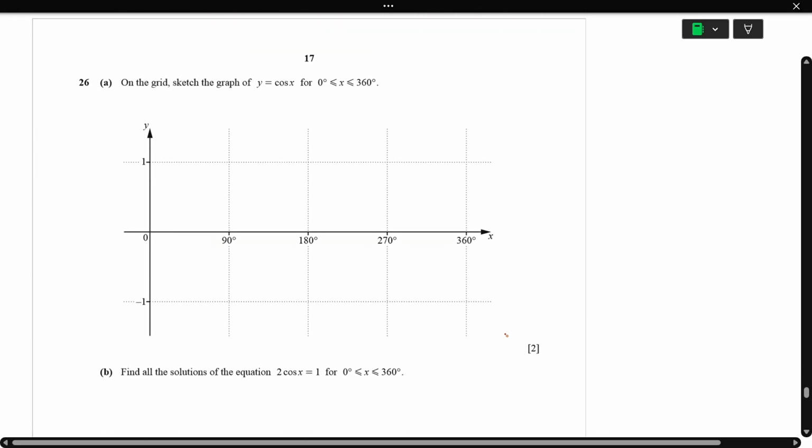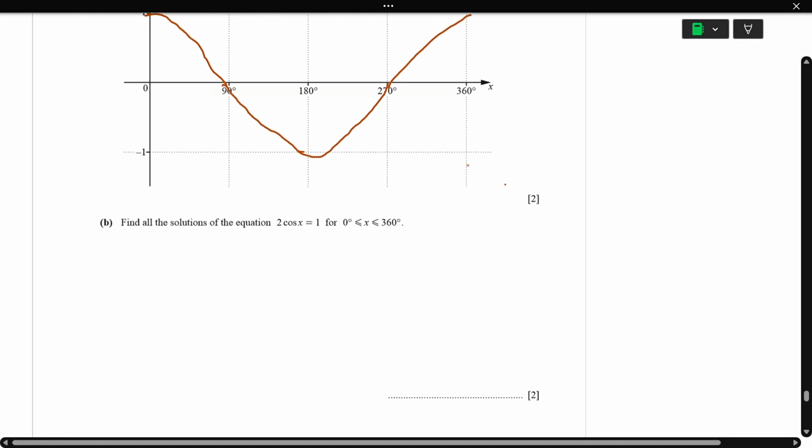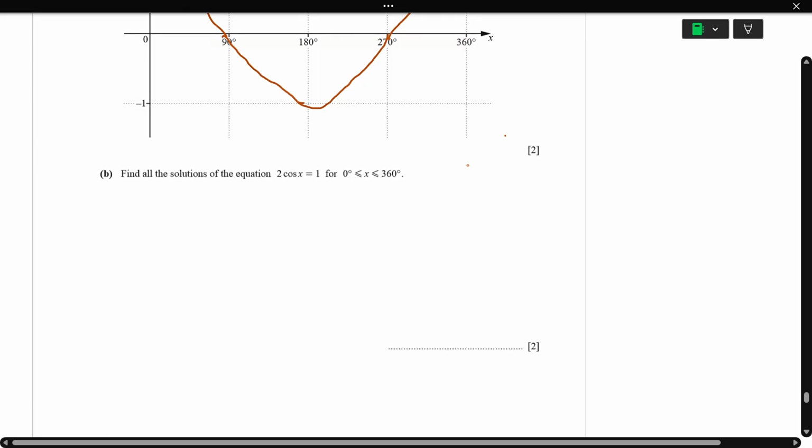Next, 26. So we need to draw the cos graph. The cos graph starts from 1, then at 90 it comes to 0, then 180 is minus 1, then 270 is going to be 0, then again 360 is going to be 1. Find all the solutions of 2 cos x equals 1.